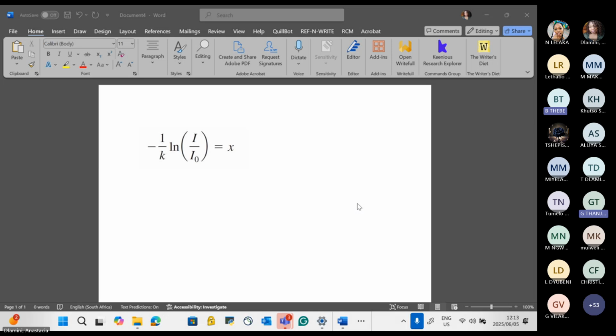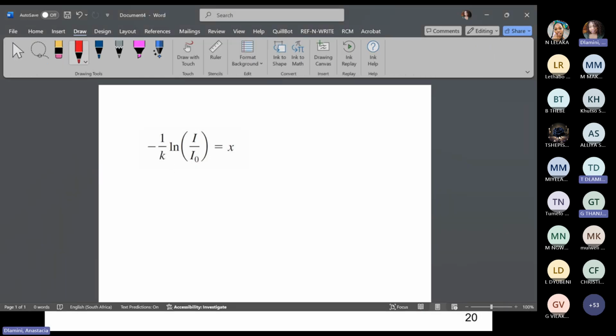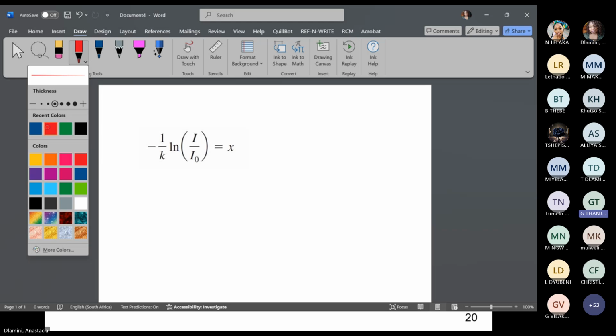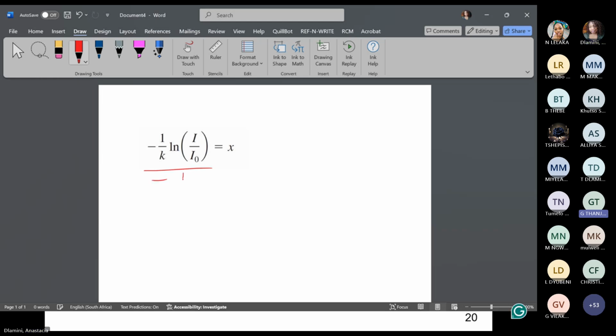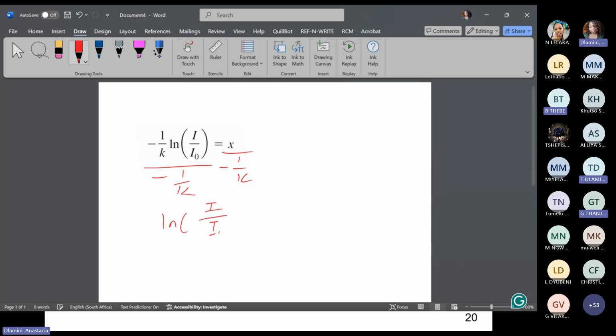Divide by negative 1 over k, both sides. Okay, divide by negative 1 over k, both sides. So then we are left with, and then negative 1 over k equals x times k.